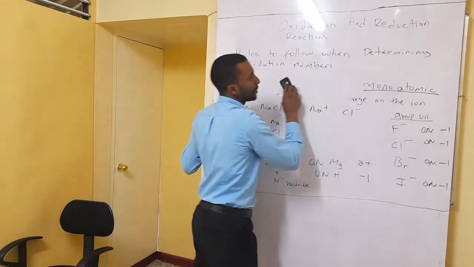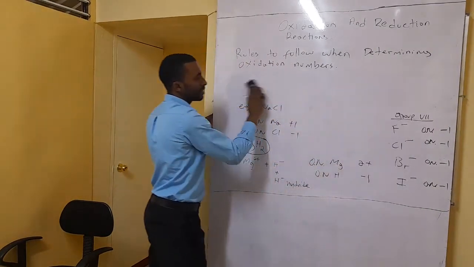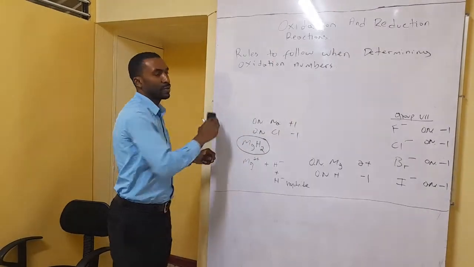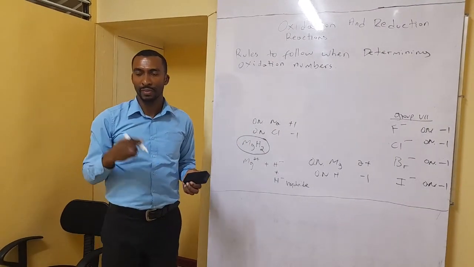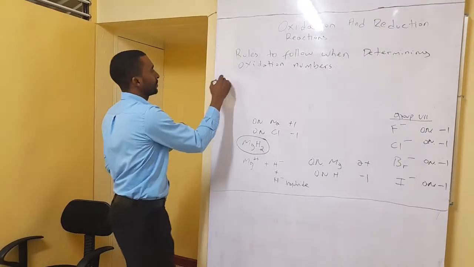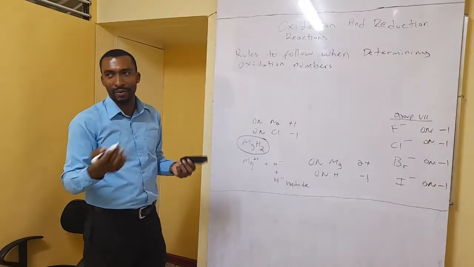Rule number 1 was about elements in their free state. Rule number 2 was about monoatomic ions. Rule number 3 is about hydrogen. You can see that hydrogen is so special, it has a rule for itself.